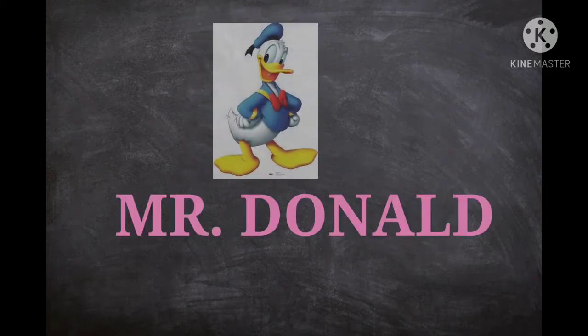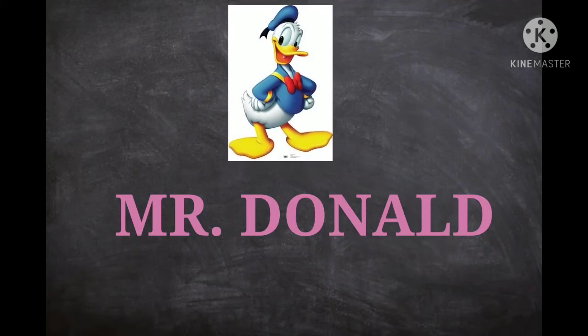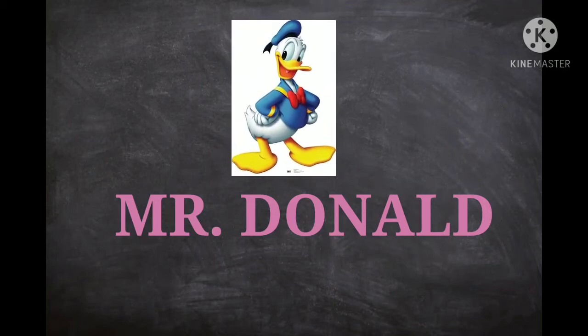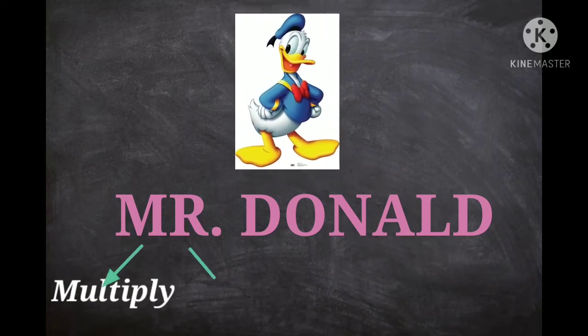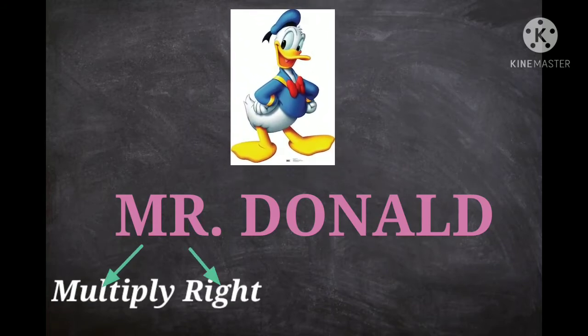My dear students, you may have confusion whether we have to move left side or right side. How can we remember to move the decimal point to the left side or right side? Let me tell you one name to remember this. The name is Mr. Donald. In the word Mr., M stands for multiplication, R stands for right.